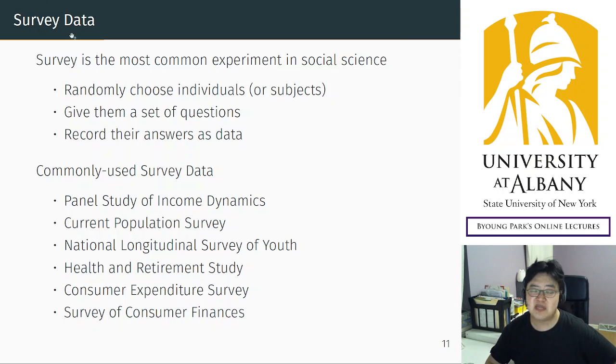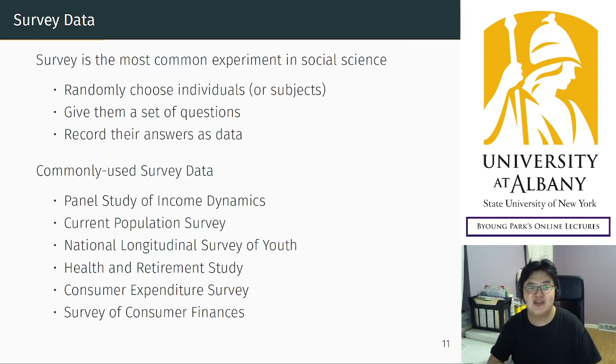So the first type of data we may be using in the future is the survey data. Survey is the most common experiment in social science. In social sciences, we cannot do perfect experiments like in natural science.